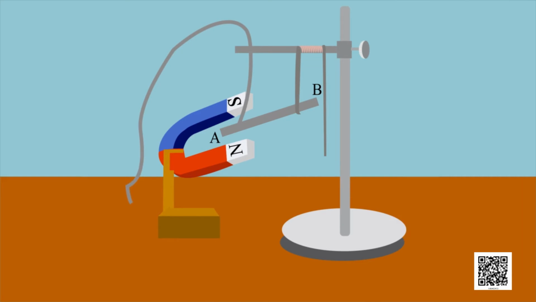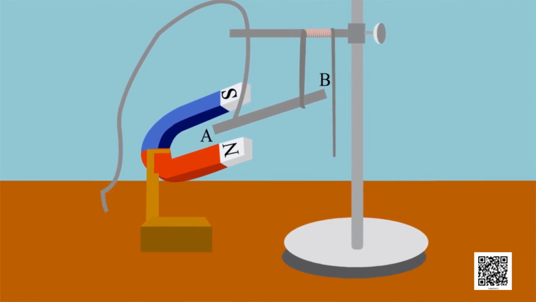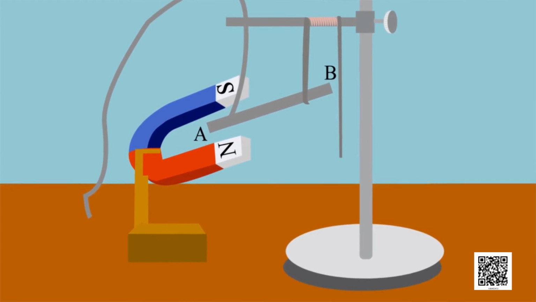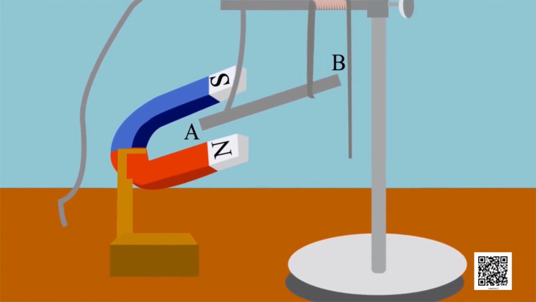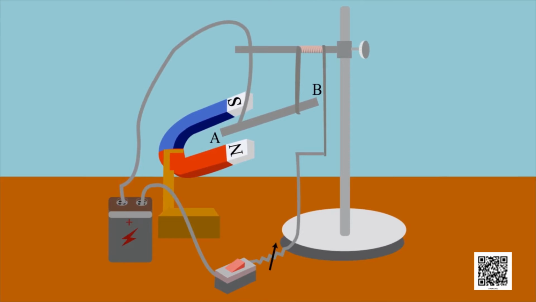For this, put the north pole of the magnet vertically below and south pole vertically above the aluminium rod. Connect the aluminium rod in series with a battery, a key and a rheostat.